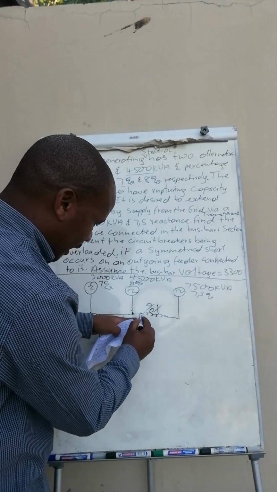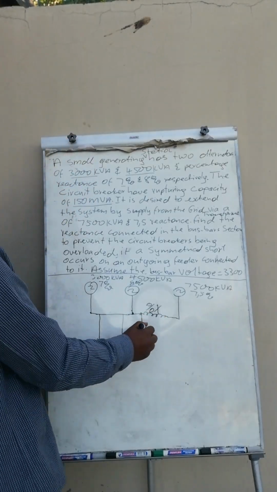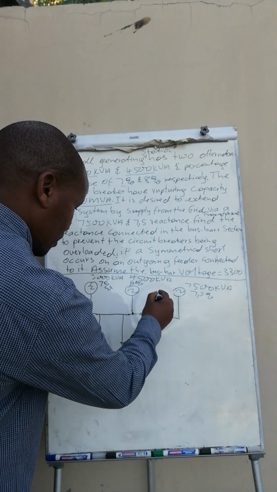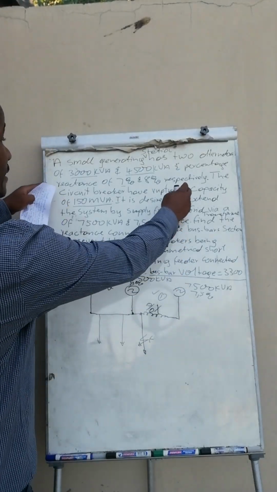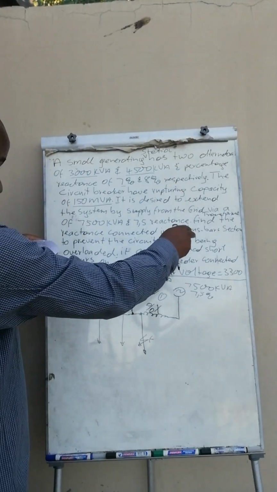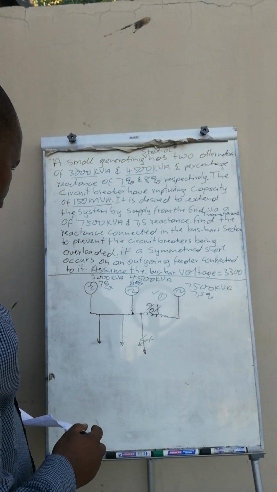And then we were told that there is a line connected to the reactors and the fault occurs on it. Basically, this is what is needed from you. This is the line diagram of this information. That's basically what is needed, and it's marks.